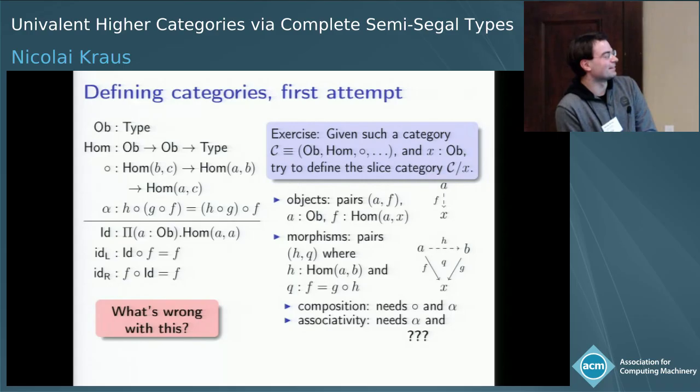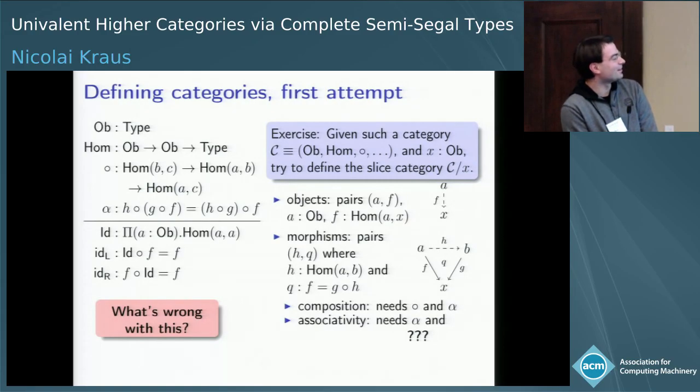But hopefully it's believable that if you try to define composition in the slice category, then you already will need to use that the original category was associative. And now, if you want to prove associativity for the slice category, it turns out that actually you cannot do it because there's just no datum here which would help you.